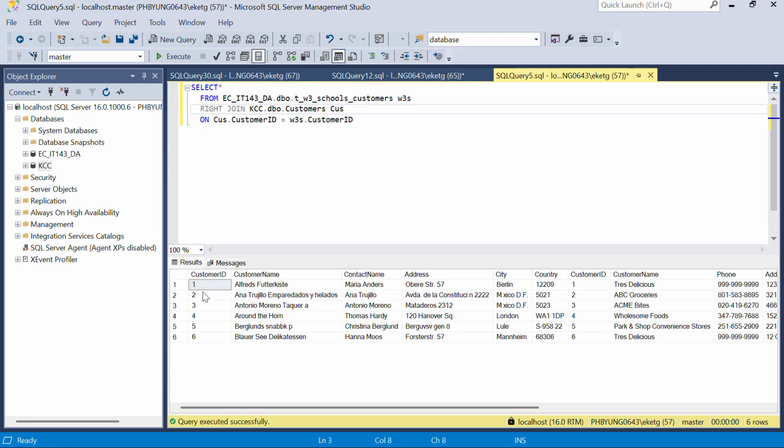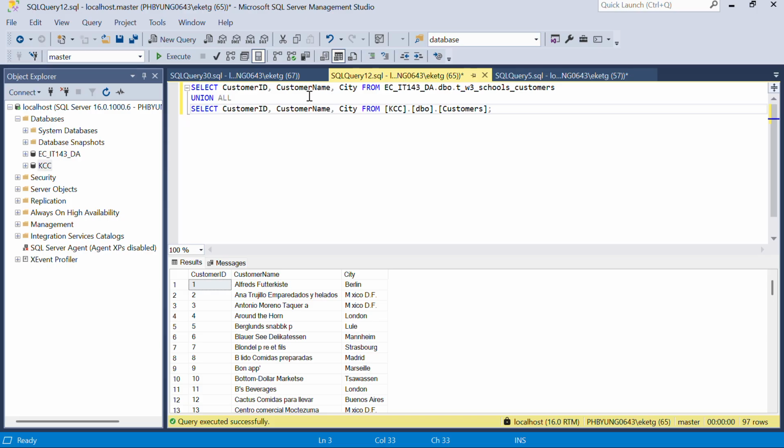It gives me 6 customer IDs, and the second table also has a total of 6 IDs, and that's why we have 6. So this is what is in both of them. If I write inner join, it's still going to give me the same data. So that is all about inner join.